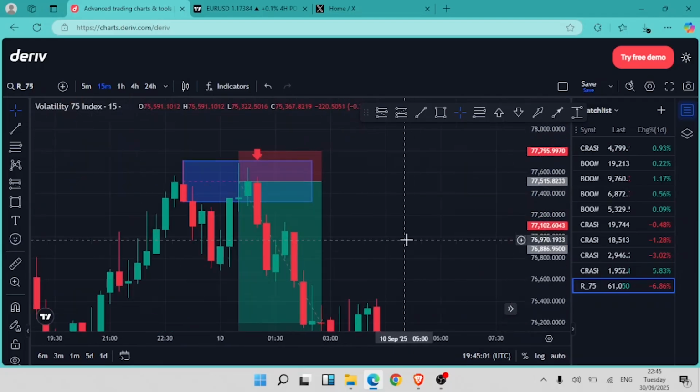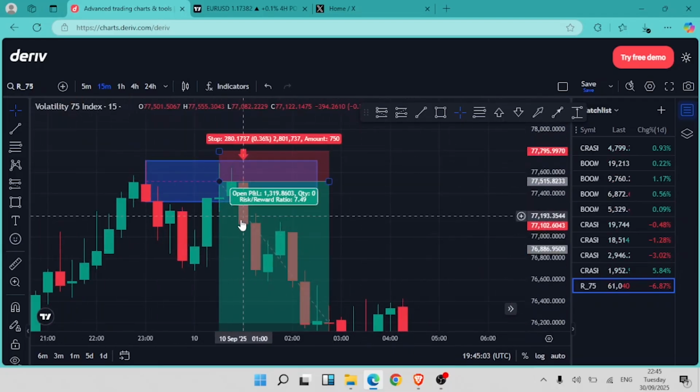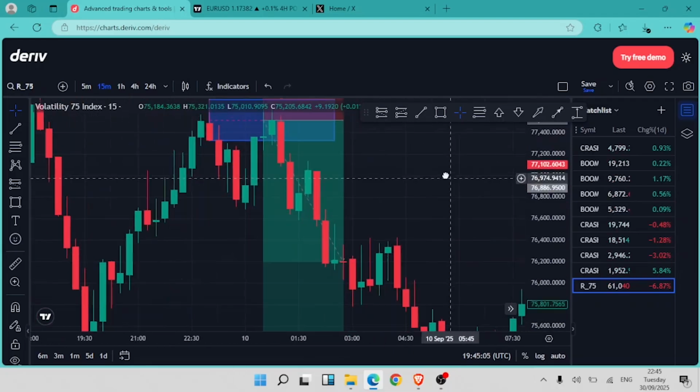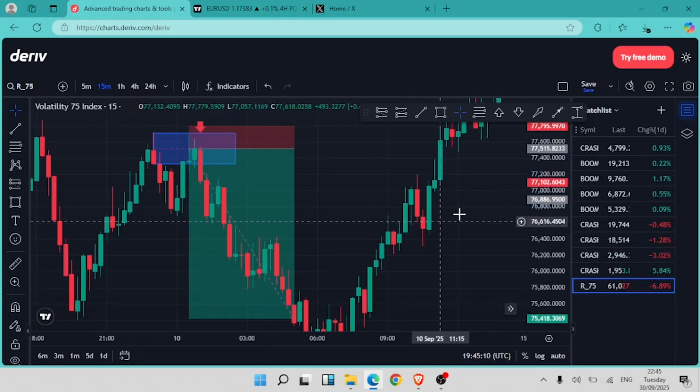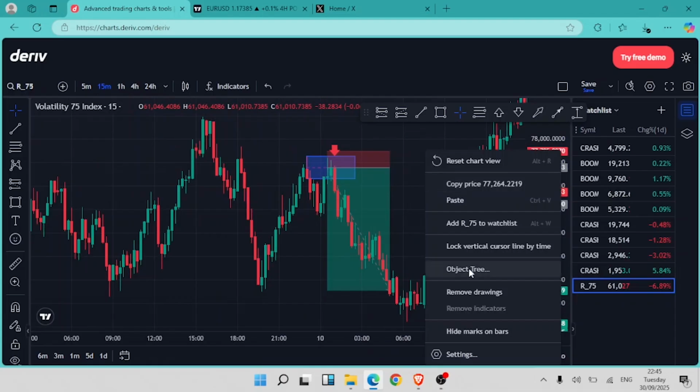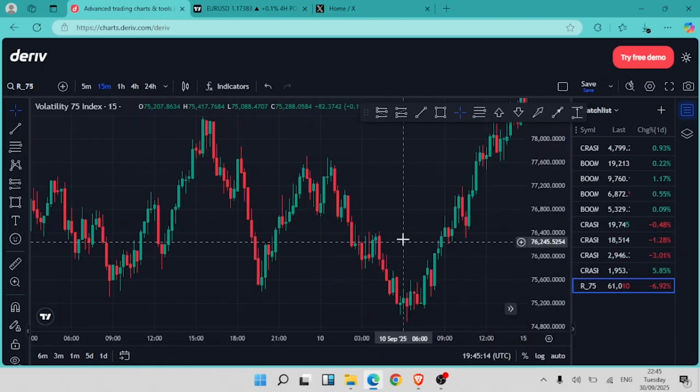This was 7.49, and you can see this one gave us another engulfing candle to confirm that price is going to move lower.